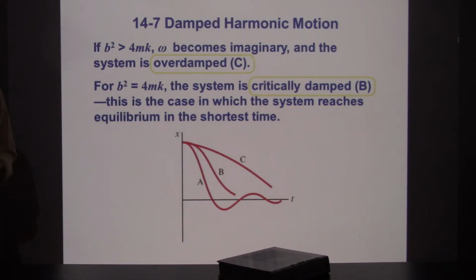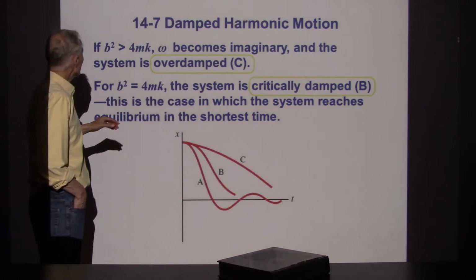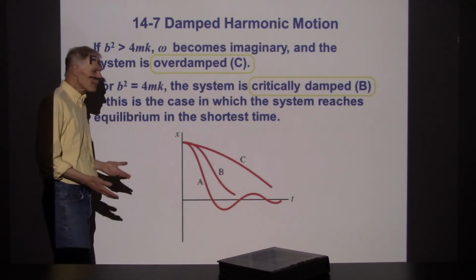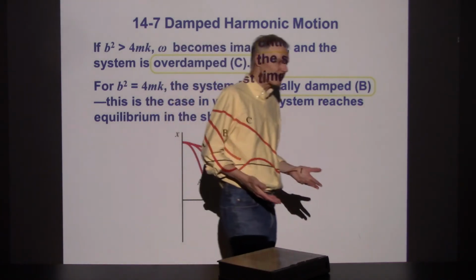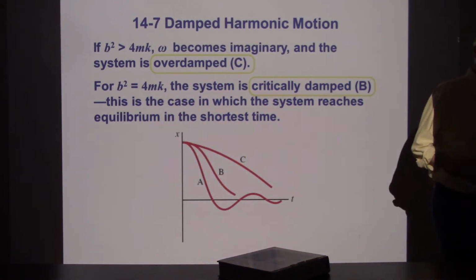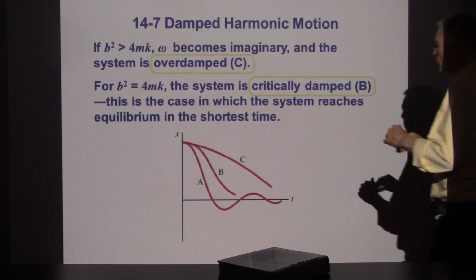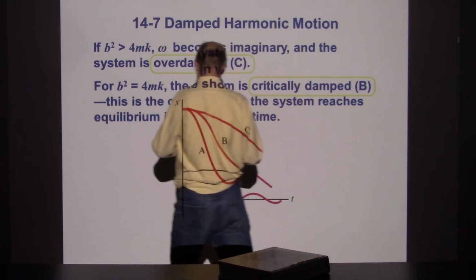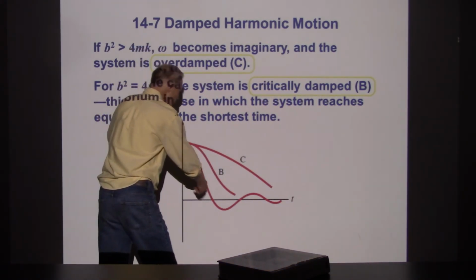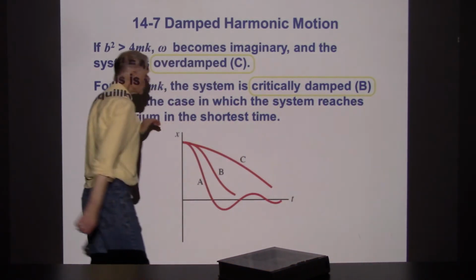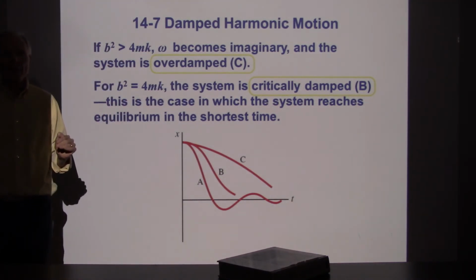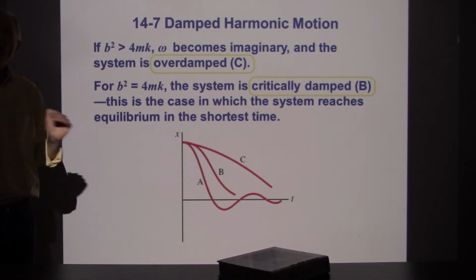Okay, let's ask this question. If we put a lot of damping into this system, are we guaranteed that it will still oscillate? It turns out it won't. If you put a little bit of damping in, then you continue to get oscillations. But if you put more damping in, at some point the oscillations don't take place.